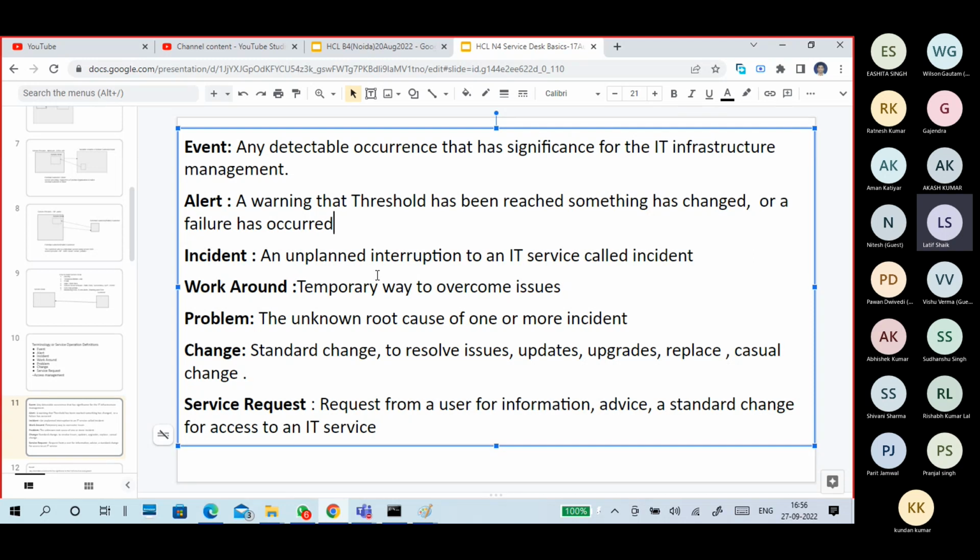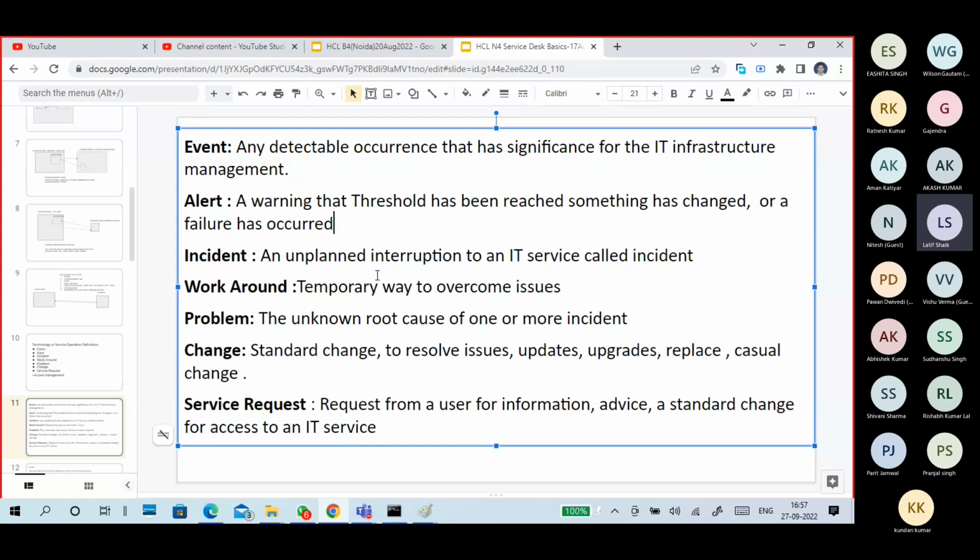Then we have to consider that one as a problem. So we'll see the history of the incidents from the customer, then we can consider that one as a problem. So only one point is an incident; that can be considered a problem, depending upon the situation.